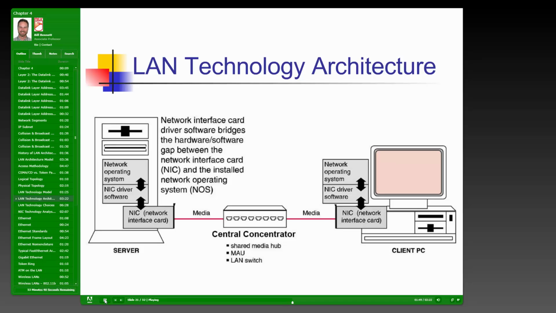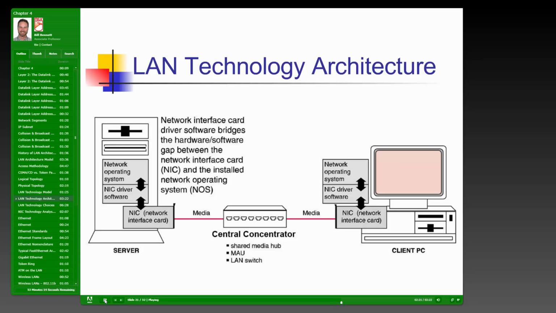So it takes the message from the network operating system, packages it into a frame, puts on the data link header, which is the source MAC address, the destination MAC address, and also the trailer, which is the error checking methodology. And then it hands that down to the physical layer, where it is simply a stream of zeros and ones, and then the physical layer converts it into electricity or light pulses depending on the type of media that we're going to be connecting to, and forwards the zeros and ones as a stream out onto the media.